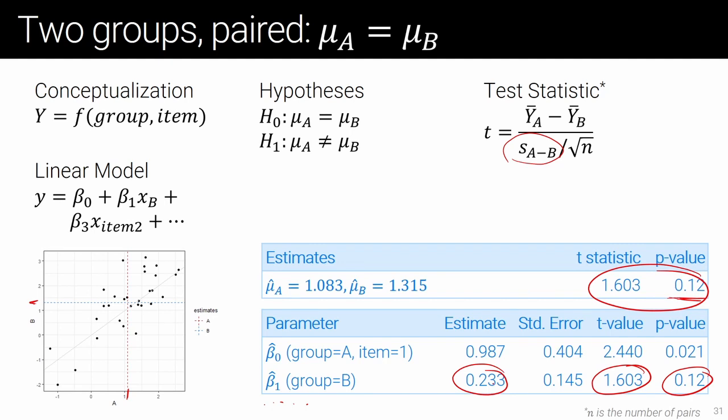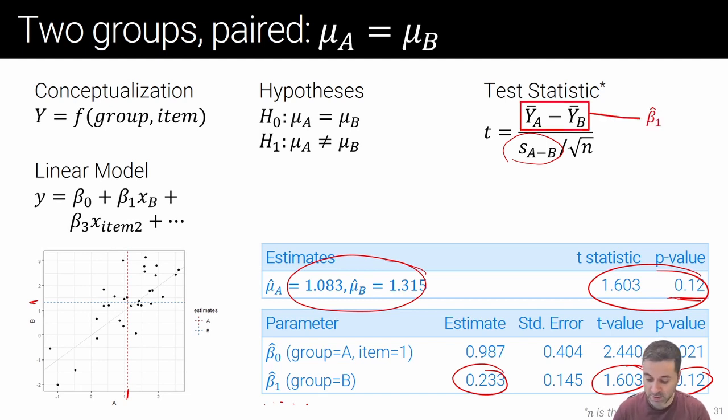And this difference, 2.33, is exactly the difference between those two. And so again, this is another case in which fitting a linear model and testing a specific hypothesis is equivalent to, in this case, a paired t-test to compare between two groups.